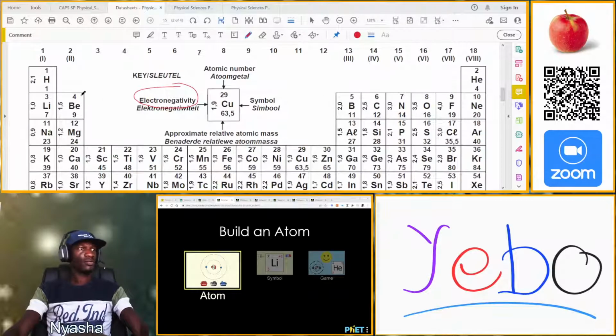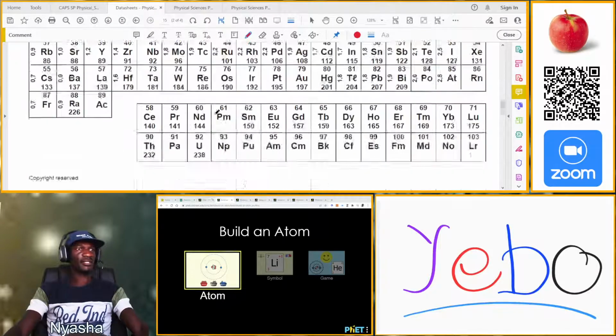So you've got your electronegativity, 1 for lithium, 1.5 for beryllium, 2 for boron, 2.5 for carbon, 3 for nitrogen, 3.5 for oxygen, 4 for fluorine, and so forth. Those are your electronegativities, and these obviously have to do with reactions.